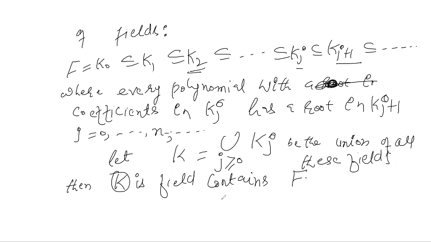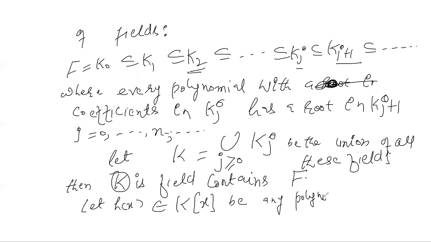Now since K is the union of all these fields, let h(x) be any polynomial with coefficients in K, that is, h(x) belongs to K[x]. Whatever number of variables appear in this h(x), the coefficients of this polynomial would lie in some field in the sequence.